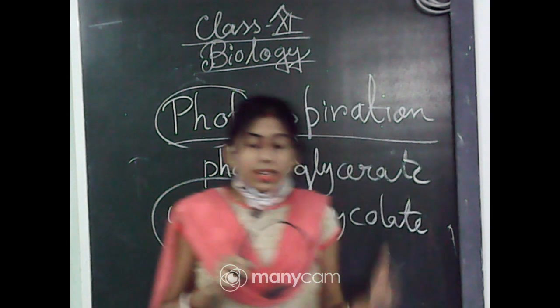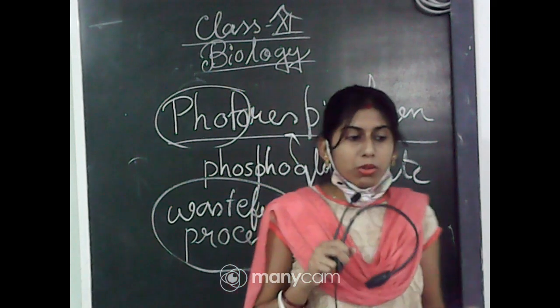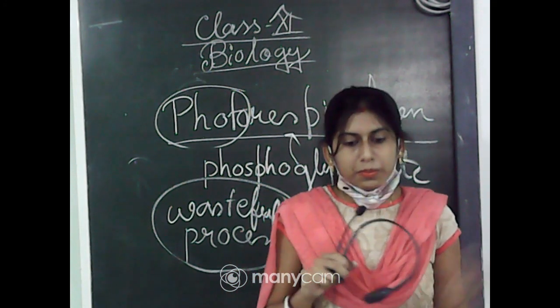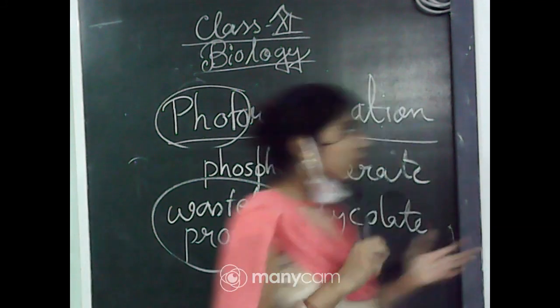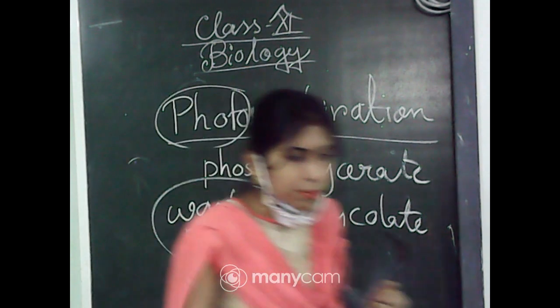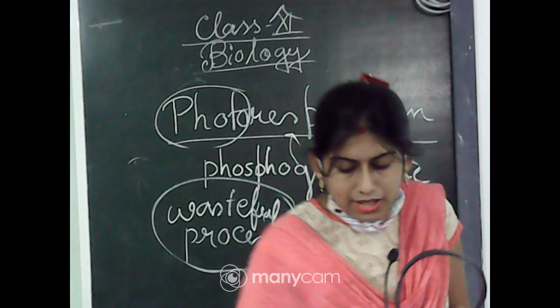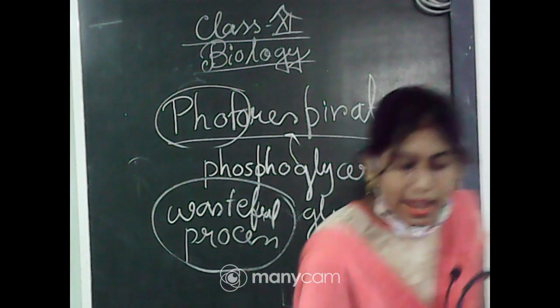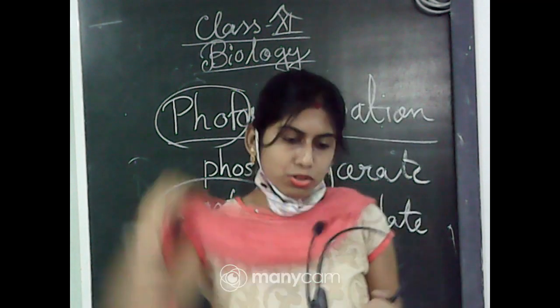That is why in the C4 pathway we will get better yield and it will help the plant. So that is all about photorespiration and the C4 pathway. With that we are completing this part. In my next class I will discuss the differences between C3 and C4 plants and the factors affecting photosynthesis.